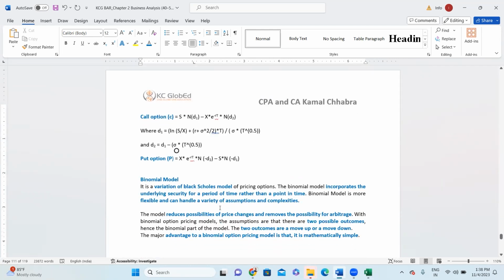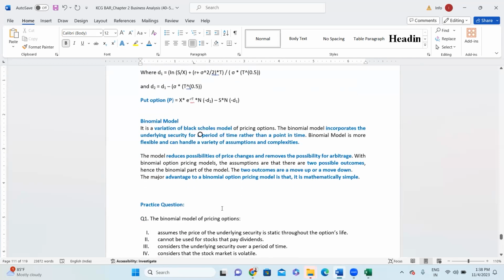The next one is the binomial model. The binomial model is also similar to the Black-Scholes model of pricing options, but it is more flexible. The binomial model incorporates the underlying security over a period of time rather than a point of time, and it can handle a variety of assumptions and complexity.